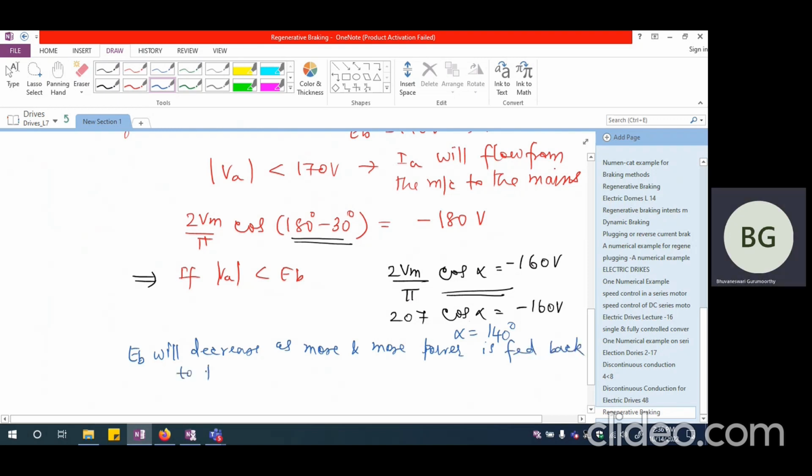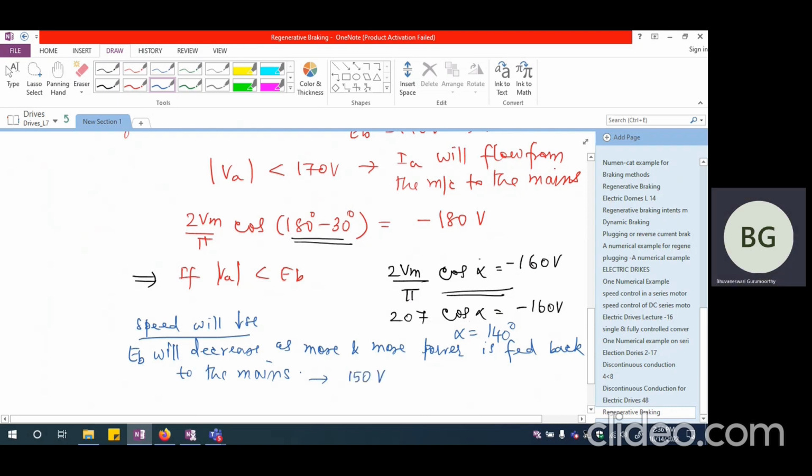So you are going to have EB decreasing because the speed is decreasing. Speed will decrease and EB will also decrease. Both will decrease. So now EB might become 150 volts from 170.